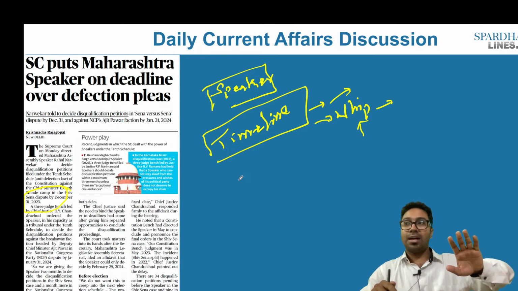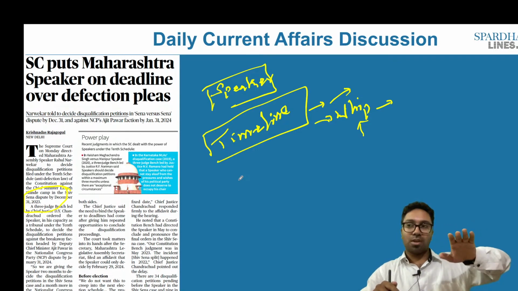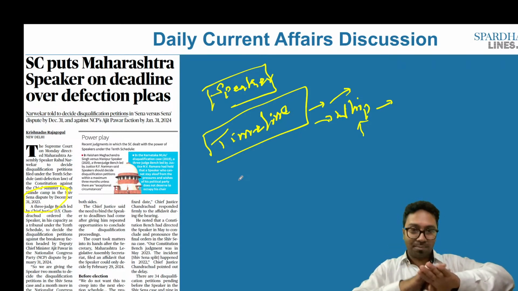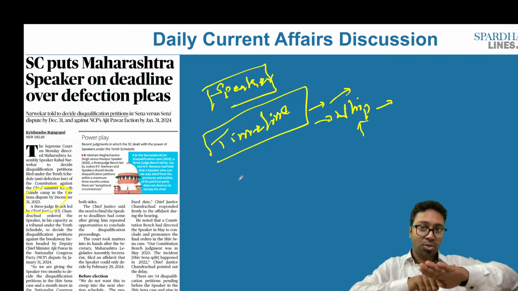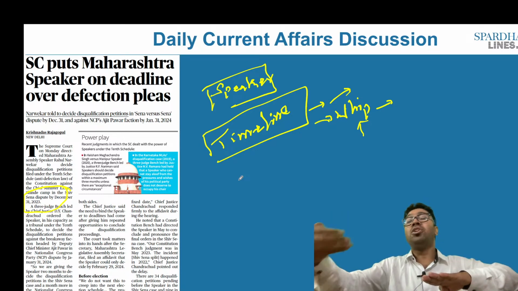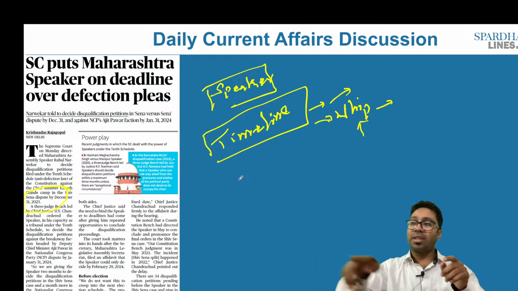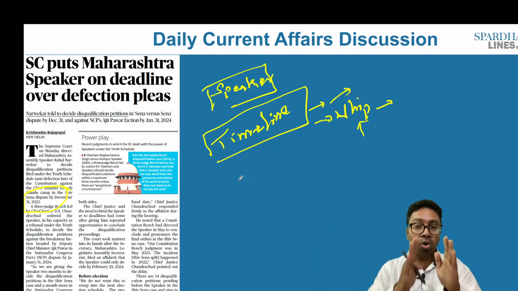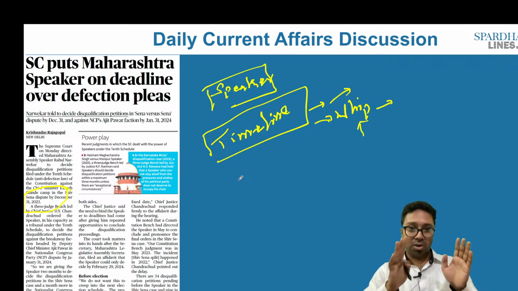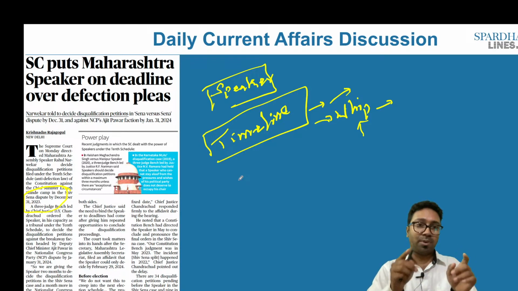So if they ask you whether it is the Speaker who decides on disqualification, no, it is not. It is the President, with the recommendation of the Election Commission, who decides under 102. Under 191, it is the Governor who decides with the recommendation of the Election Commission. Only with respect to the anti-defection law does the Speaker decide, and that has to be decided on a specific timeline, says the Supreme Court in the present instance.